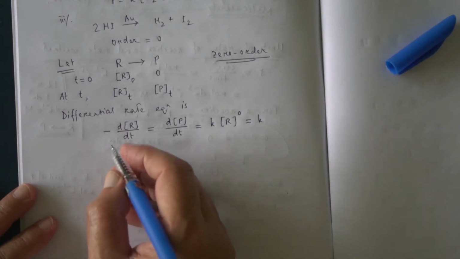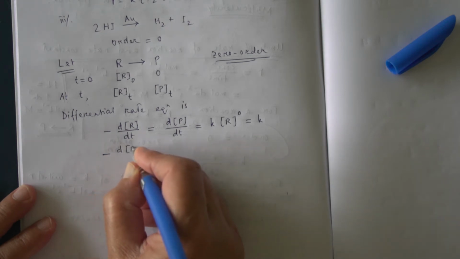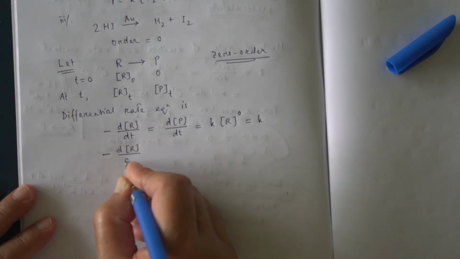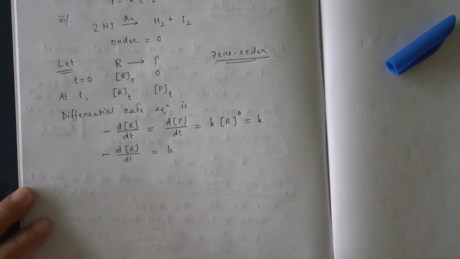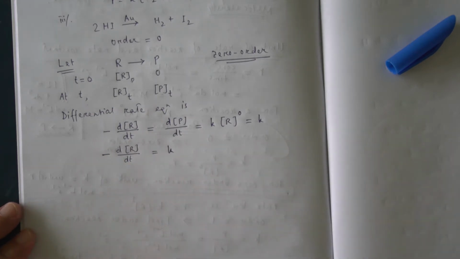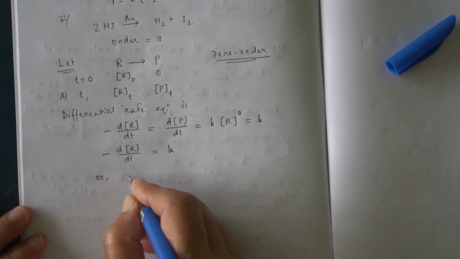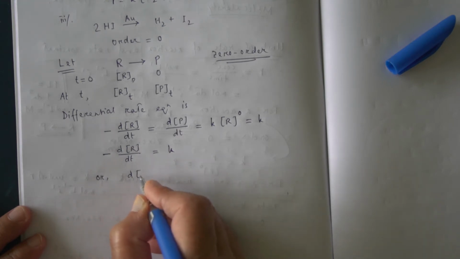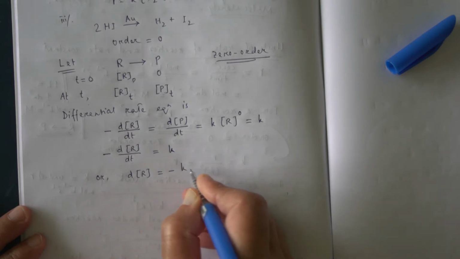Now let me take this portion, minus dR by dt equal to k. I can write it like this: dR equal to minus k dt.